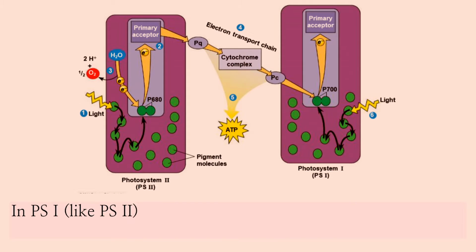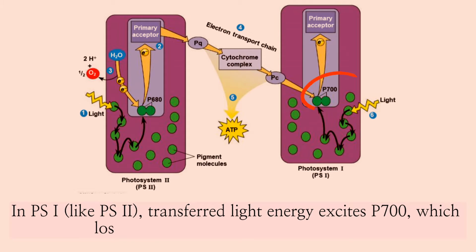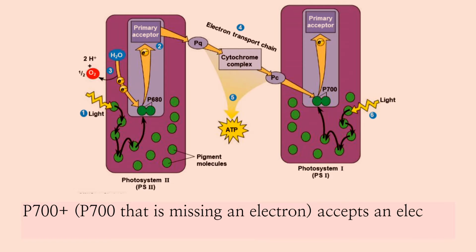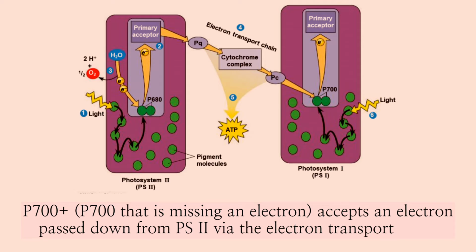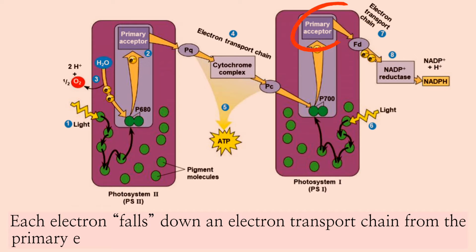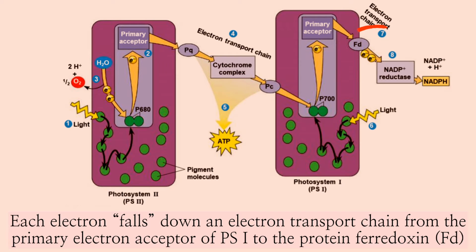In PS1, like PS2, transferred light energy excites P700, which loses an electron to an electron acceptor. P700+, or P700 that is missing an electron, accepts an electron passed down from PS2 via the electron transport chain. Each electron falls down an electron transport chain from the primary electron acceptor of PS1 to the protein ferredoxin.